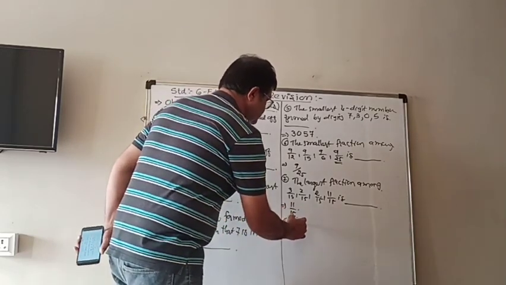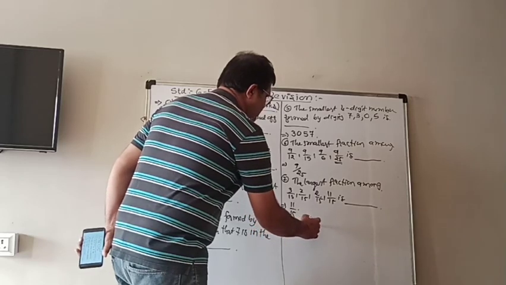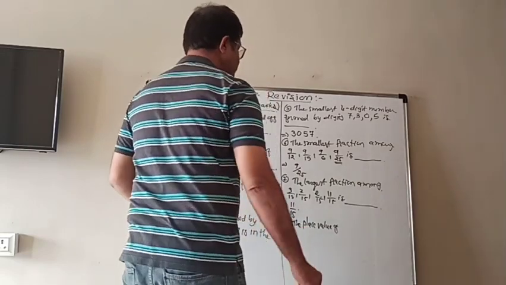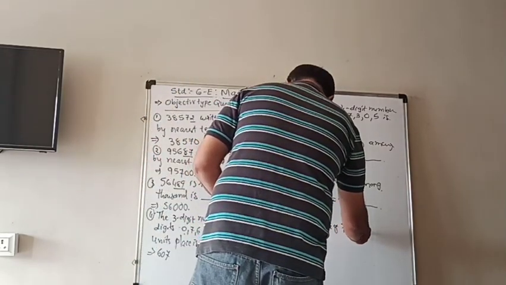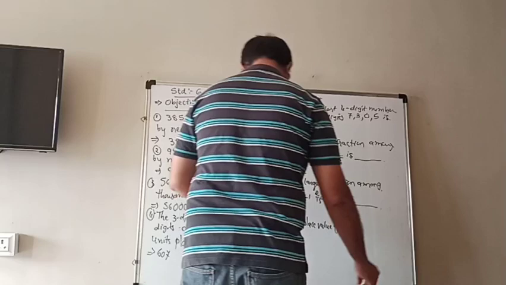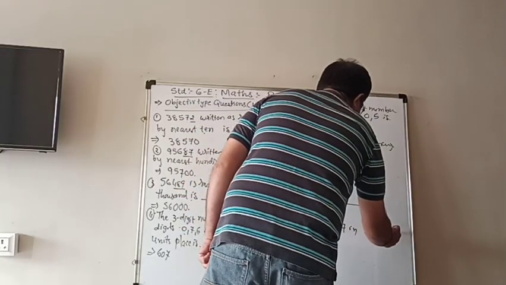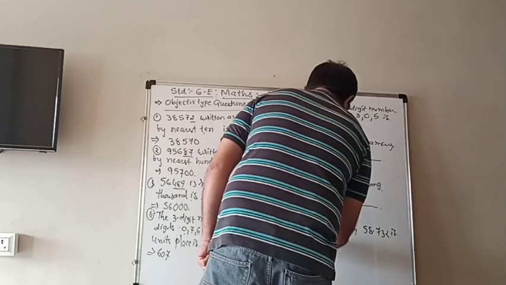The place value of 7 in 58.732 is blank.